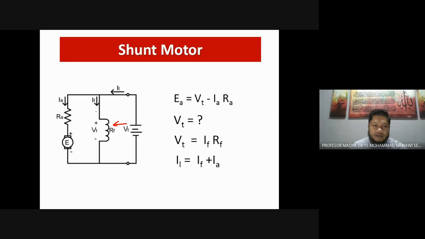VT is in parallel with RF, so it is IFRF. Even though this is a winding, since the current is DC, the voltage drop is only at the resistance. So IFRF, and we have IL equals IF plus IA. Okay? This is motor operation.